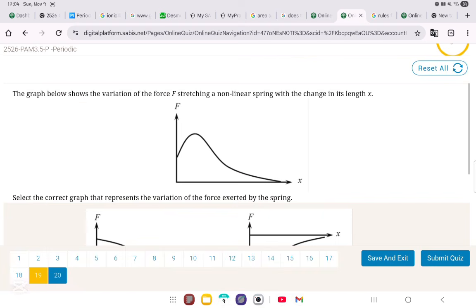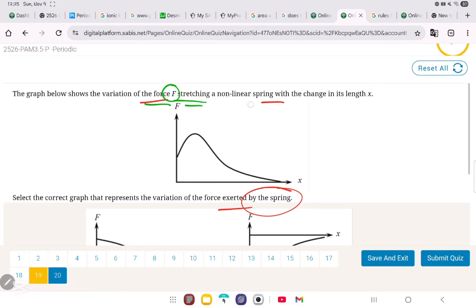Question number 19. The graph below shows a variation of the force F stretching a non-linear spring with the change in its length x. So force F on the spring. They want the variation of the force by the spring. So what is this basically? It's basically the force F stretching a non-linear spring. So this is the force exerted on the spring.